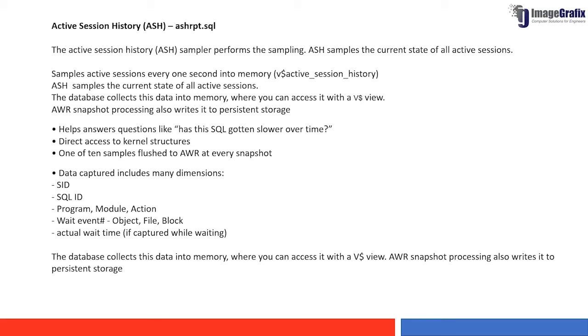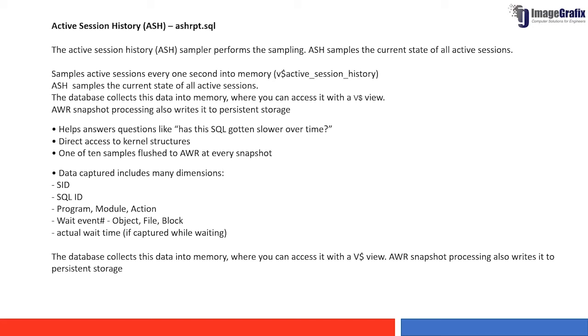The advantage with ASH is that it helps in answering questions like, has this SQL gotten slower over time? Like sort of a trend analysis, right? The trend analysis can be done using this ASH. And it also provides direct access to kernel structures.